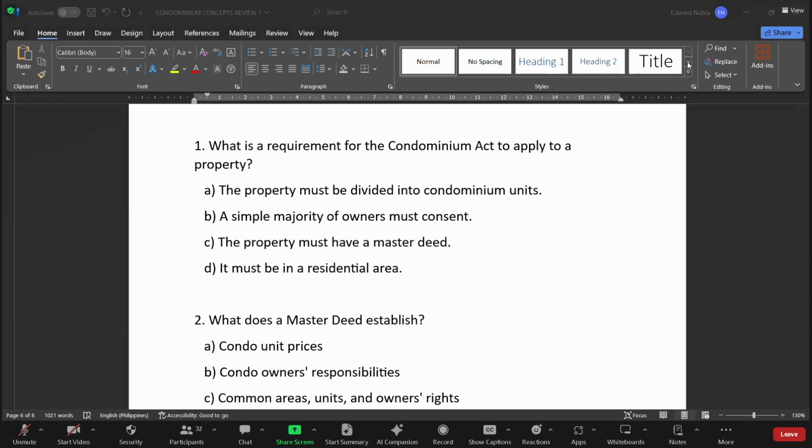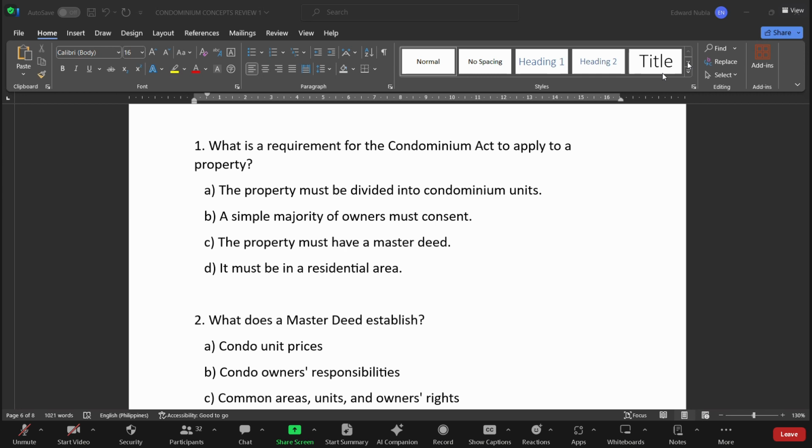Assessor, please. Miss Marian. Good morning, sir. Number one, what is the requirement for the Condominium Act to apply to a property? My answer, sir, is letter C. The property must have a master deed. Yes, the property must have a master deed.